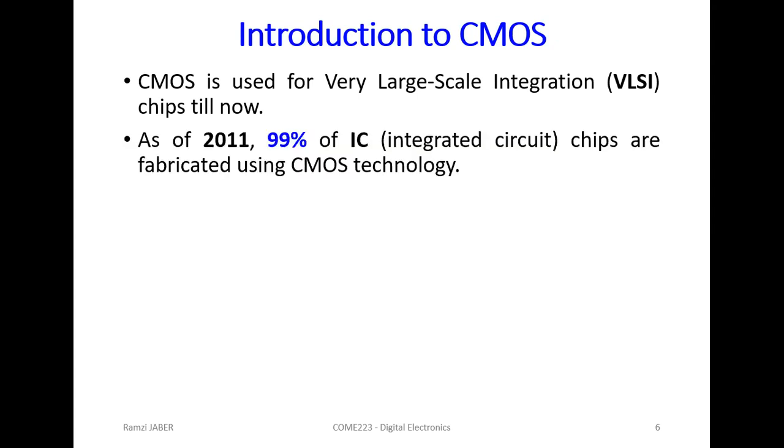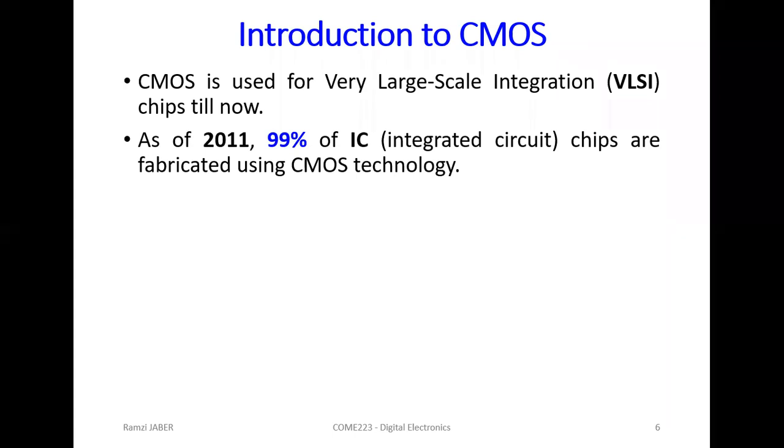As of 2011, so from 1963 to 2011, 99% of all IC integrated circuit chips were fabricated using CMOS technology. Imagine the big production of CMOS. Since 1963 till 2011, 99% of all circuits, computers and others, analog and digital, used CMOS technology.